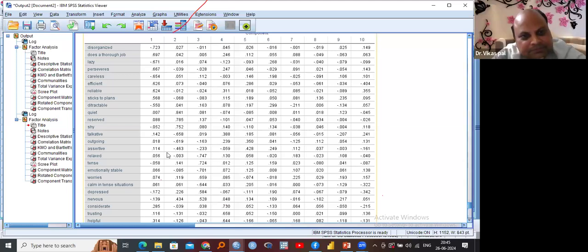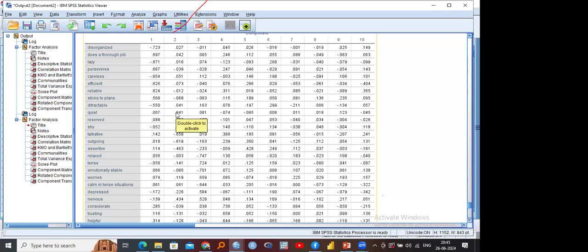Okay. Sorry, assertive. Actually, I am thinking that the second variable we have to take in that part. The first questionnaire items we have to set on the first factor, and then on the second and the third.